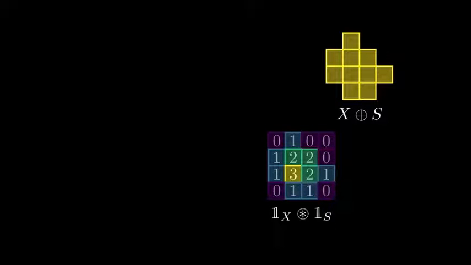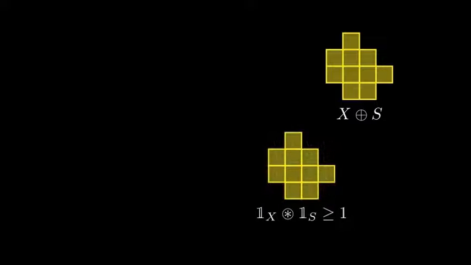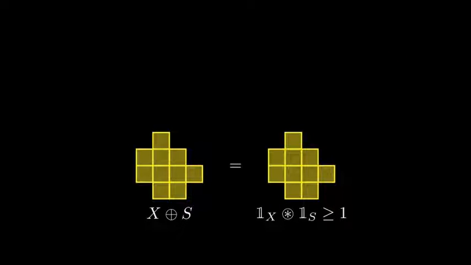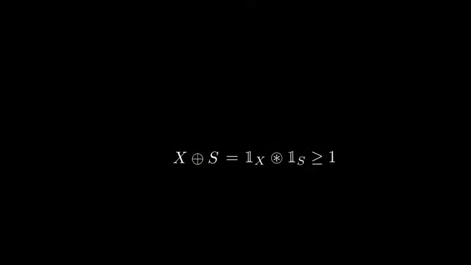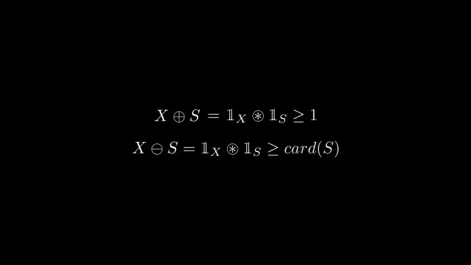Now on the resulting image, we only keep the pixels that are higher than or equal to 1, and we see that we recover exactly the dilated image. The same can be done with the erosion, with only the value of the threshold changing. Finally, we conclude that morphological operations, dilations and erosions, are thresholded convolutions.